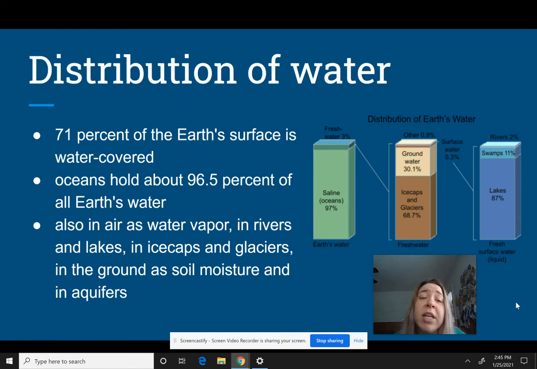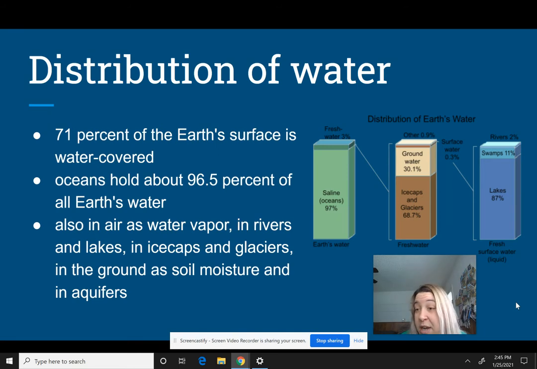Anyway, distribution of water. So basically, what we talked about before is that most of our water is actually found in the oceans. So this model right here shows us that 97% of our water is actually from the ocean. That's crazy.